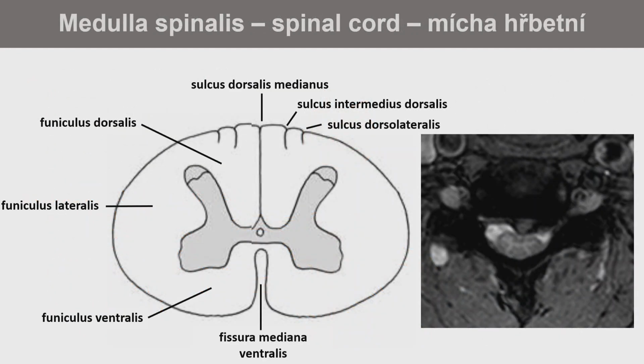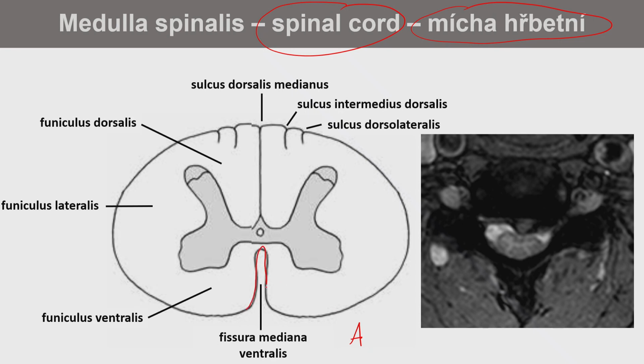So, the spinal cord. In Latin, medulla spinalis, in Czech, mícha hřbetní. So, this is a general shape, which is not ideal, as a schema which is showing the outside structures. The outside shape, we start at the anterior aspect.